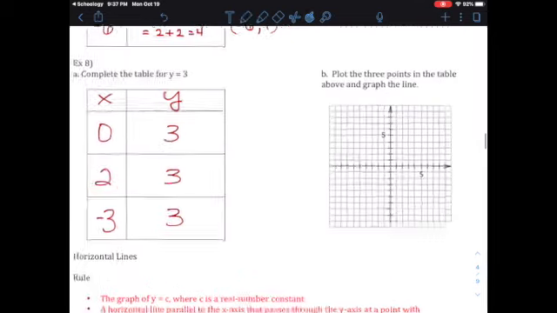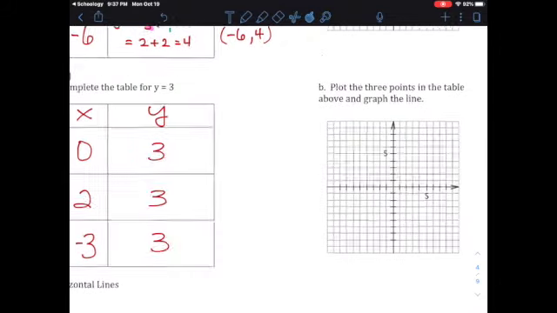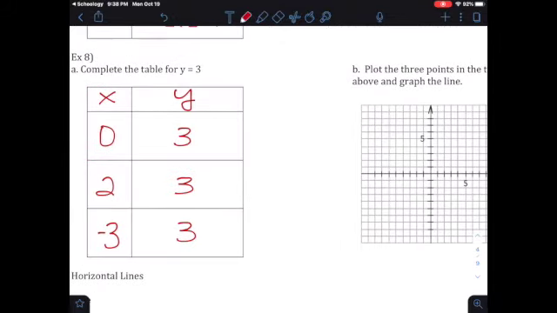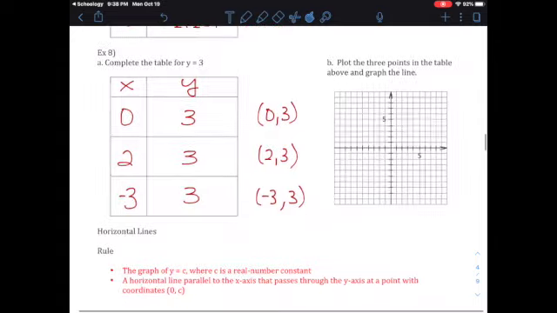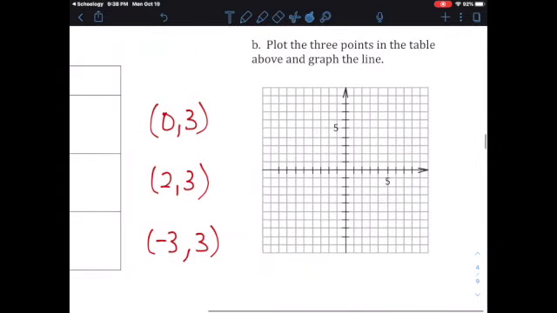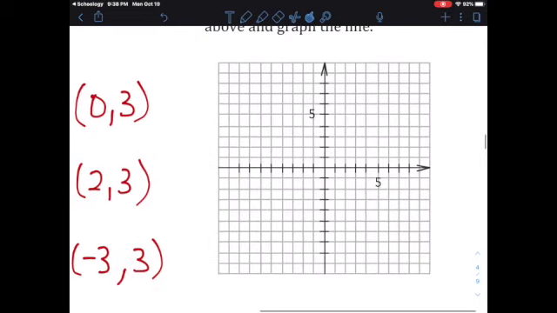Now, if that is the case, let's plot them. So you'll have your ordered pairs: (0, 3), (2, 3), and (-3, 3). And on the quiz, I'm going to ask you to name points. So if you plot them, (0, 3) will look like right here, and (2, 3) is right here, (-3, 3) is right here.